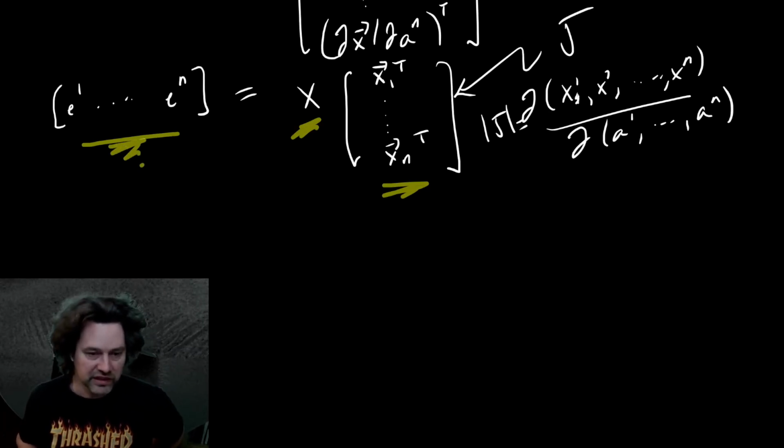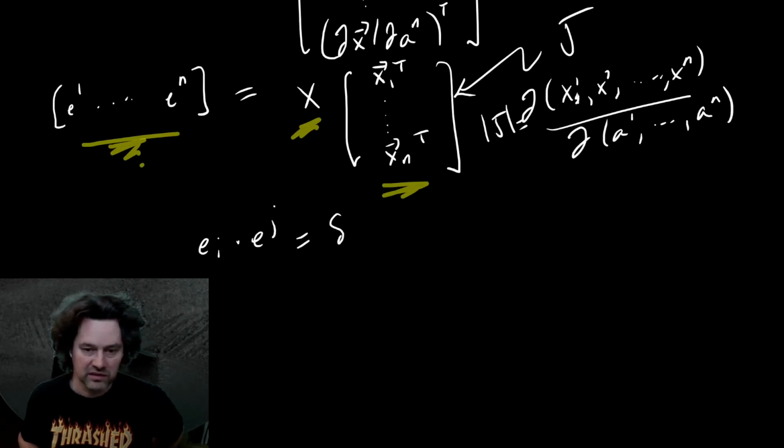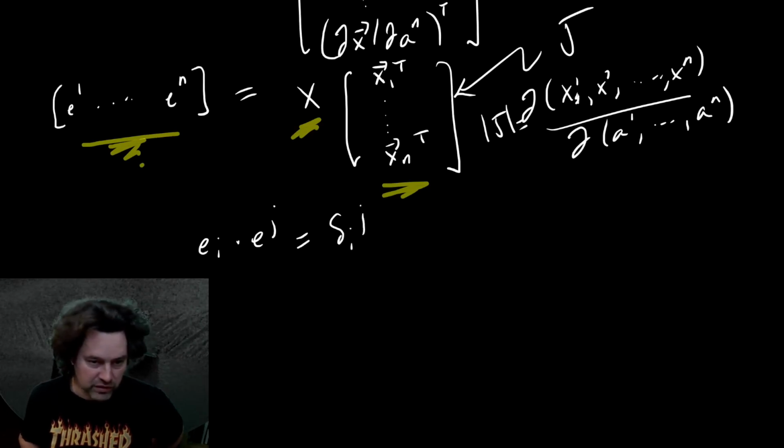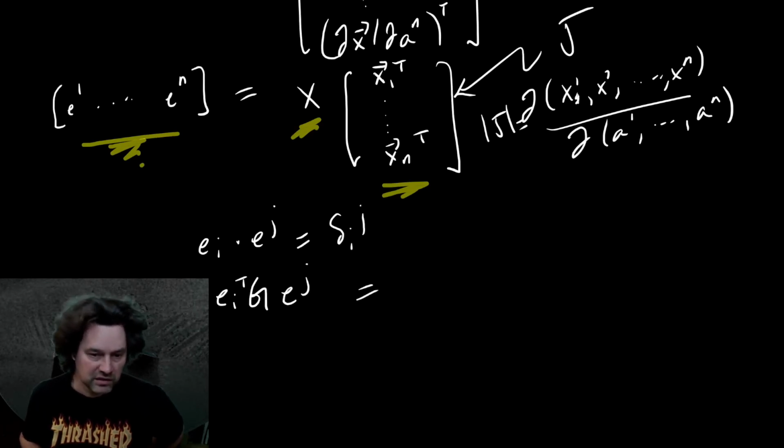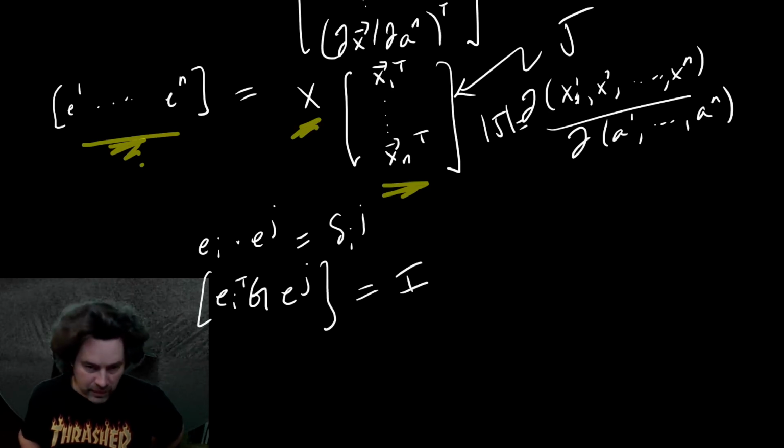We know that if we take E^i dotted with E_j, that is delta i j. We can write that in matrix form as E^i transposed G E_j. And if we put this as a matrix, we have identity.